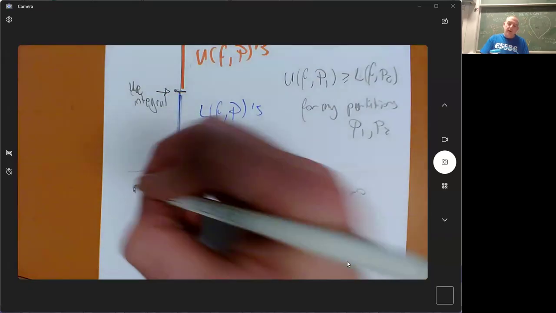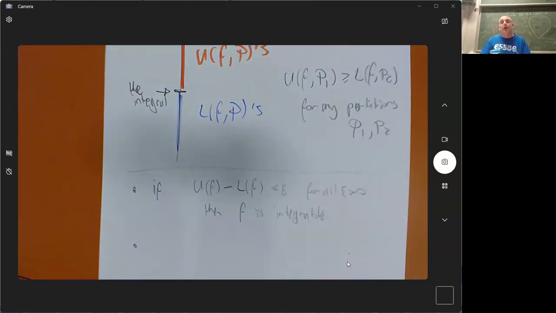And what else have we got? We know that if there's a sequence of upper sums that has the same limit as a sequence of lower sums, then it's integrable.